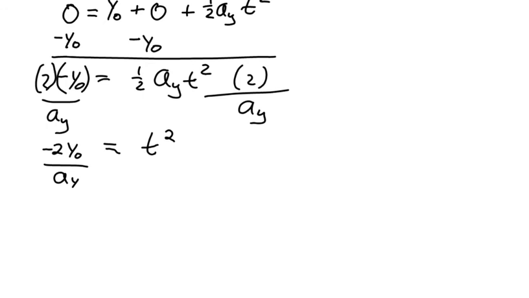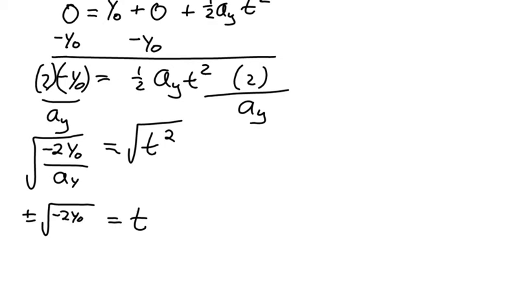And then we can square root both sides to get our time is equal to plus or minus square root of negative 2 y naught over ay. Now it doesn't make sense to have a negative t, so we're just going to use the positive value for that. And if I look back at my given information, I can plug in what I know now.